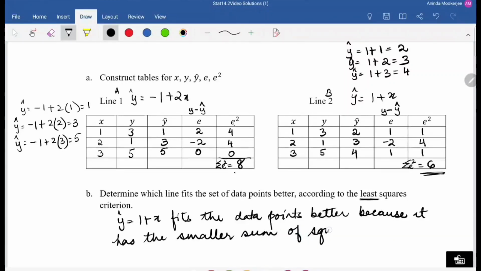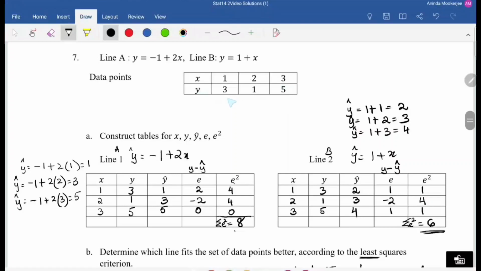Sum of squared errors. Not just sum of squared, but squared errors. All right? So that's how you use the least squares criterion to decide which line would be the line of best fit on the actual data that is given to us, right?